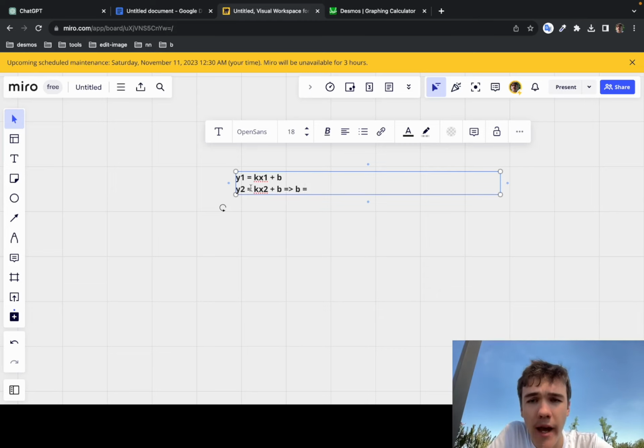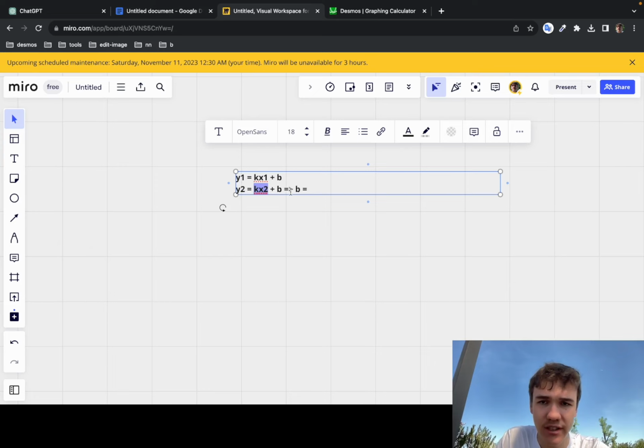If I want to get just b, I want to subtract kx2 from here and from here, from both sides, and this will be correct. So from both sides, I will subtract kx2.